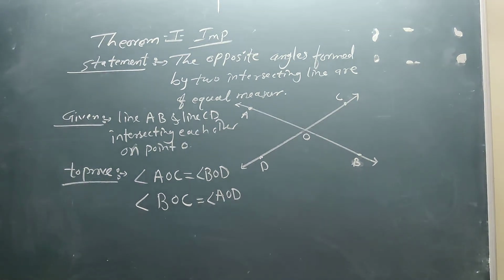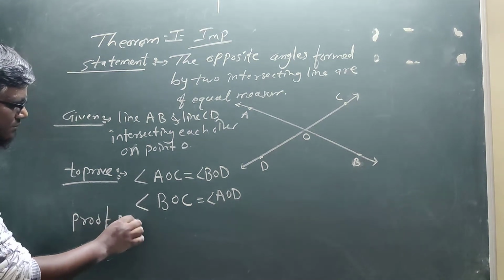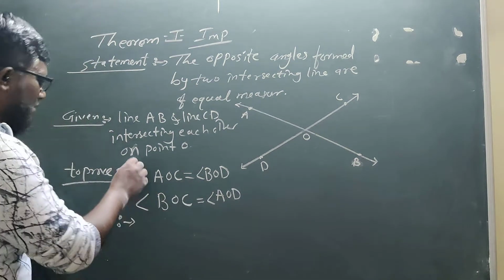And the third point which we have to write while proving the theorem is the proof. By the proof, we have to prove these two things.